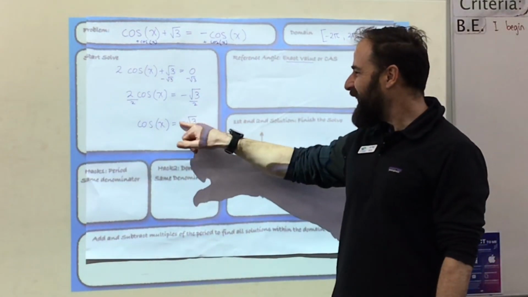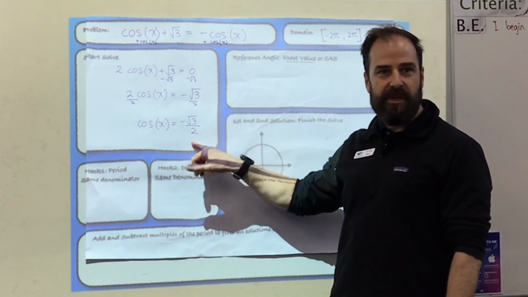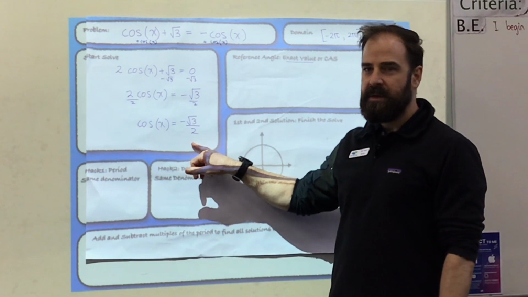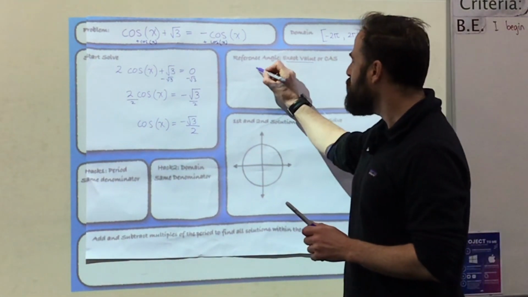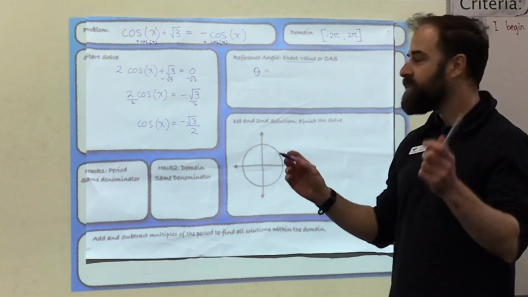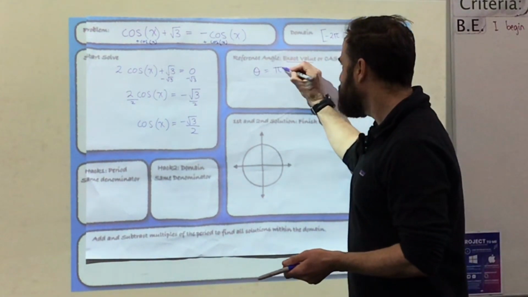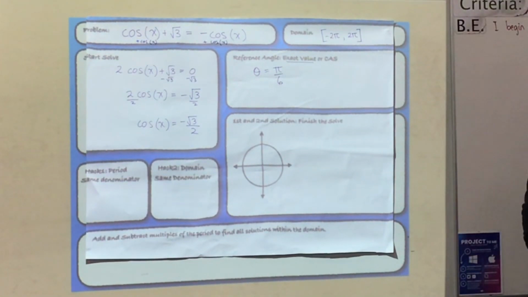I don't have a negative in my exact values table, but I do have a root 3 on 2. So when is cos equal to root 3 on 2? What angle gives me root 3 on 2? Pi on 6. So my reference angle is pi on 6.